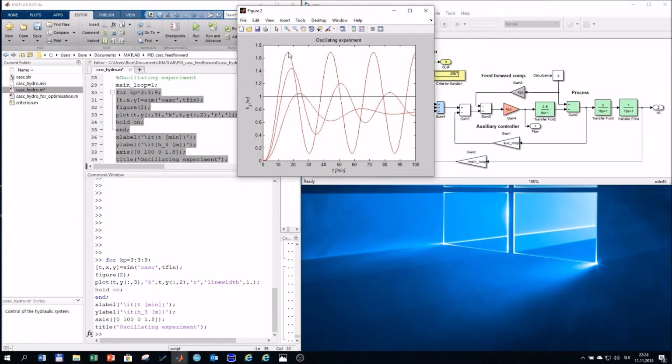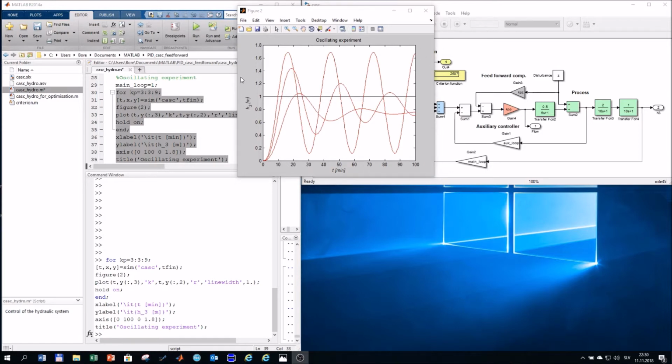We can notice that the gain 9 gives oscillations with constant amplitude. This means that we have the situation on the stability limit. If we increased the gain, the results would become unstable.